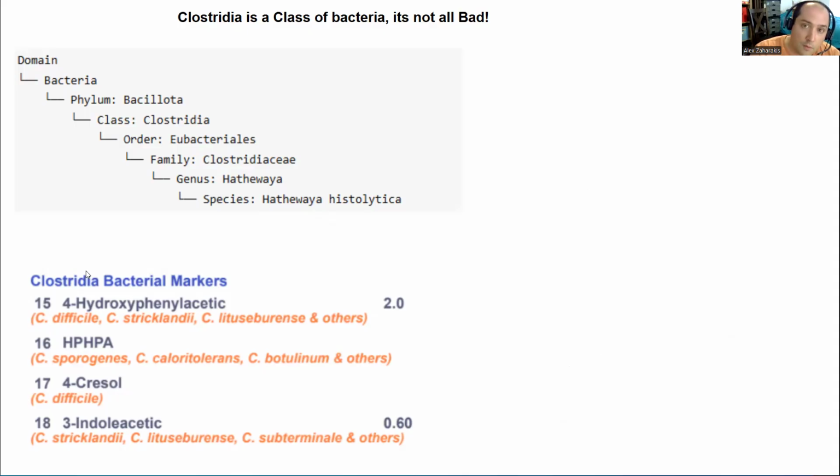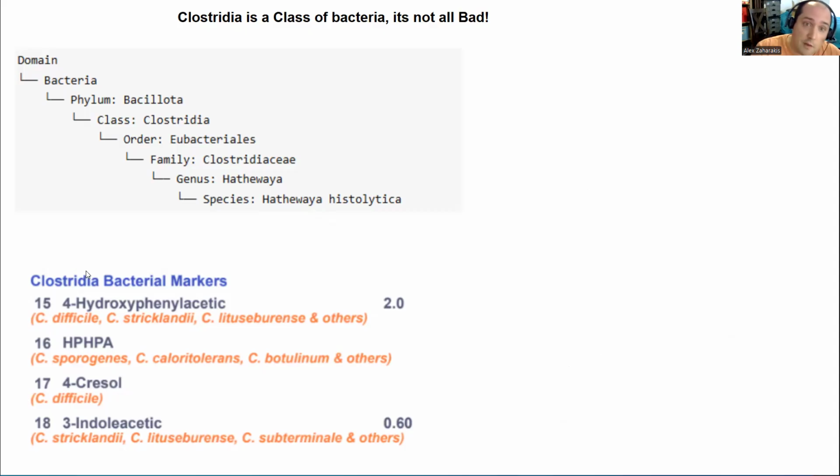You have an address, you live on a street, that street is in a town, the town is in a city, the city's in a state, the state is in a country. This hierarchy can specify the microbe at different levels. Sometimes you can only figure out resolution down to the town. Sometimes you can figure it down to the exact address, depending on the uniqueness in the database or the uniqueness in the technology.